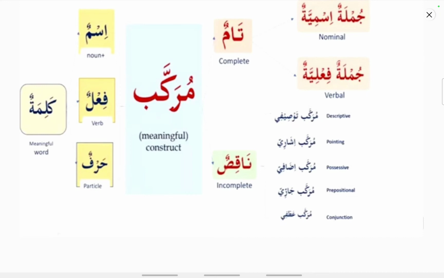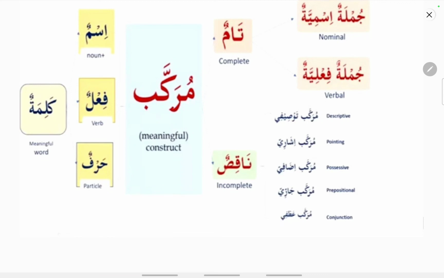Inshallah, be connected with this course, and once we finish it, you will be able to easily analyze the Quranic ayats grammatically.